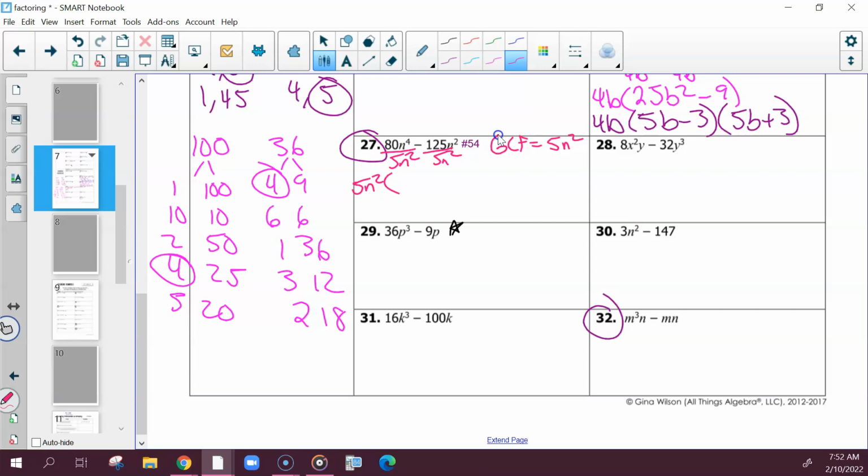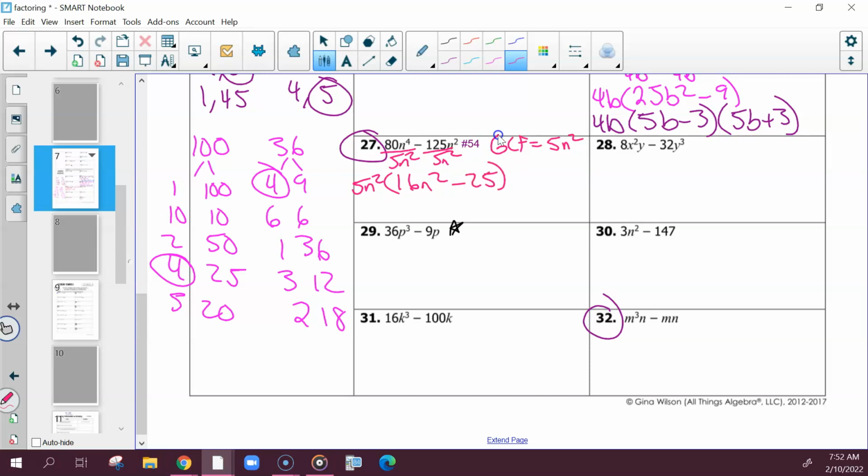Here you may need to do some math. 16n squared minus 25.